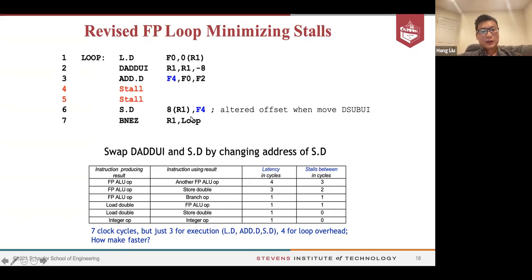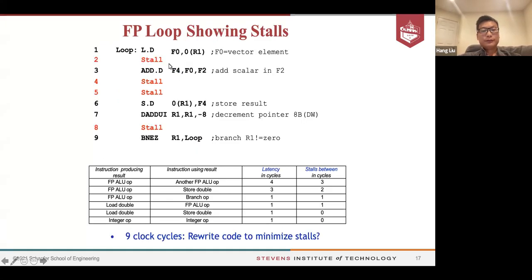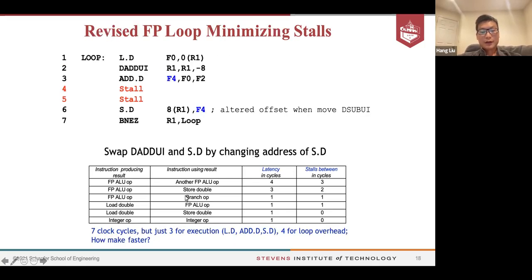So this reduces the stalls from 4 cycles to 2 cycles. Then we have 7 clock cycles per iteration.